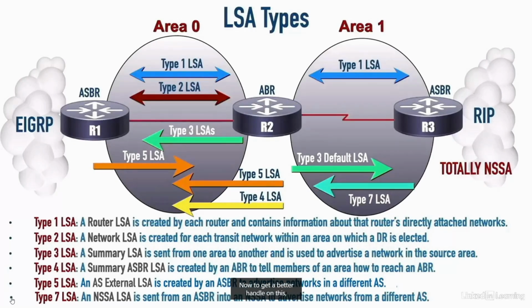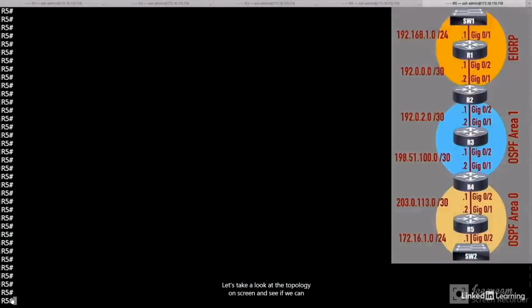Now, to get a better handle on this, let's go out to some live gear right now, and let's look at the link state database in a router and see if it matches what we predict will be in that link state database. Let's take a look at the topology on screen and see if we can predict the different LSA types that are going to be present in the OSPF link state database of router R5. Router R5 is not an ABR or an ASBR.